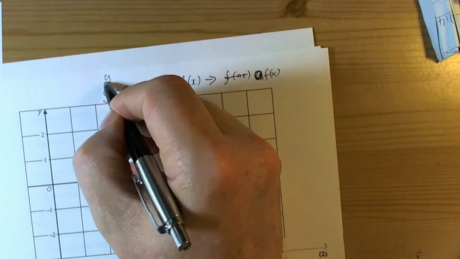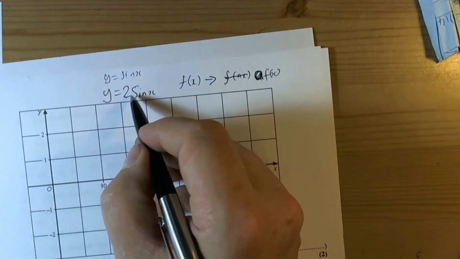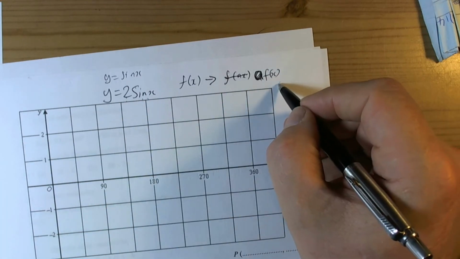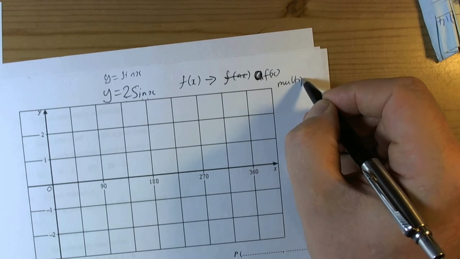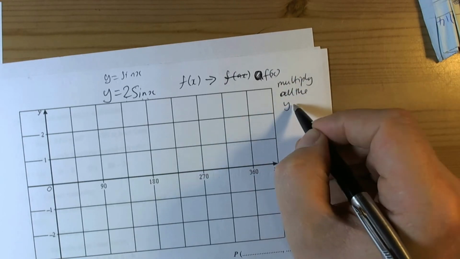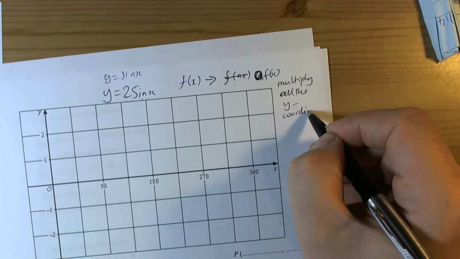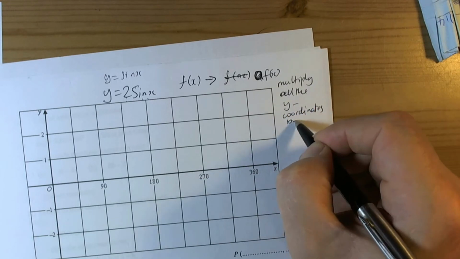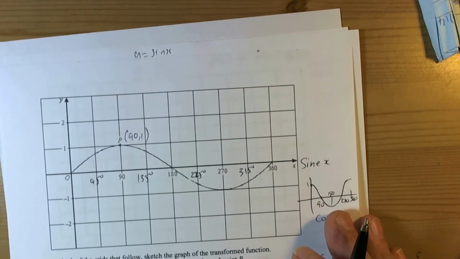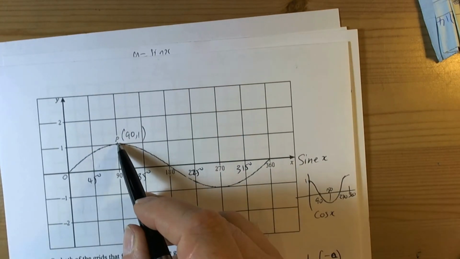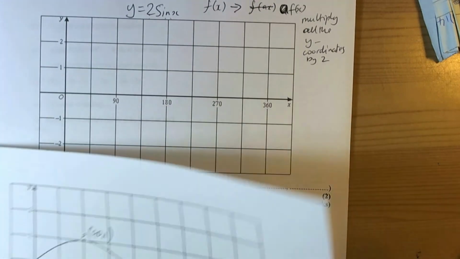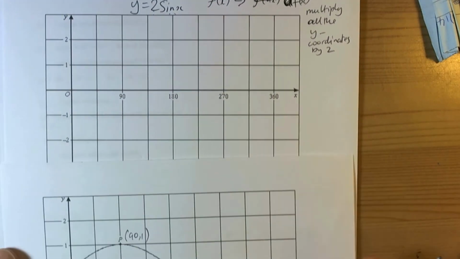We started with the original function sine x, we've multiplied by 2. So this tells us that we multiply all the y coordinates by 2. Okay, so we take the original graph and all the y coordinates are going to be multiplied by 2.